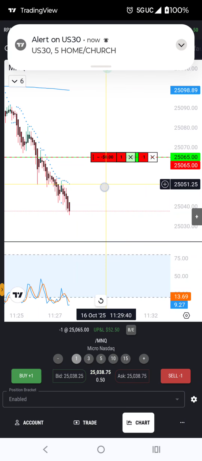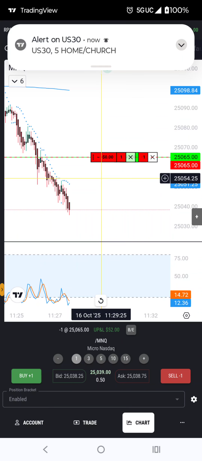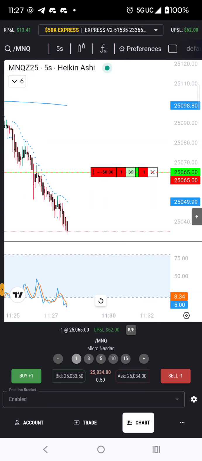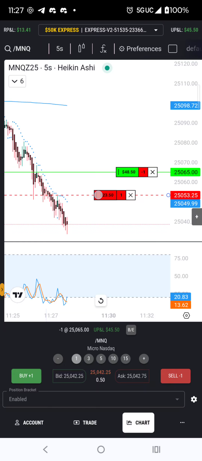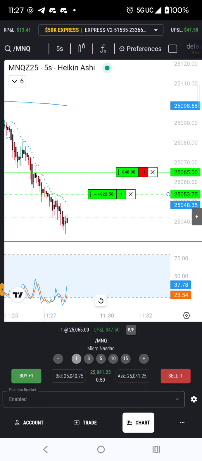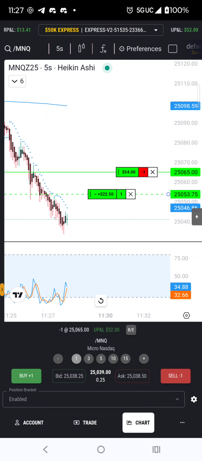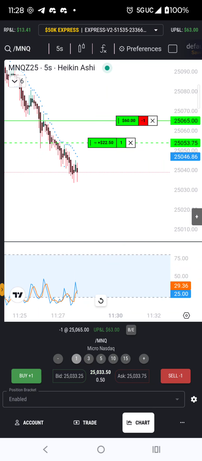So we can move the stop right here, and lock in profit. And then you wait again until it pulls back and pushes again.